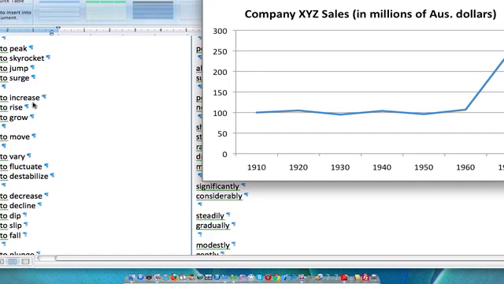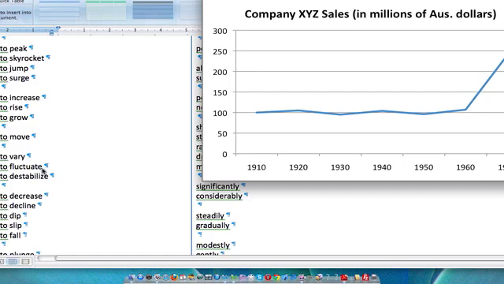If you look at increase, rise, and grow, these are all words that describe a positive movement or a movement that is upwards. A move doesn't describe any direction. So if we're going to use move, we have to be sure that we're qualifying where exactly the figures are moving to. Is this a positive move, a negative move? Is it a sharp upwards move?